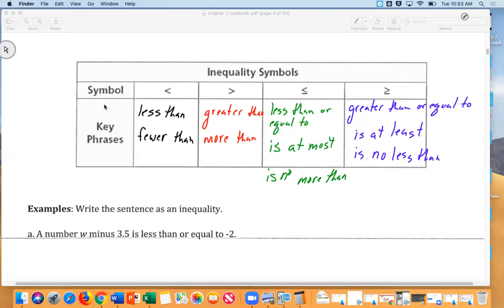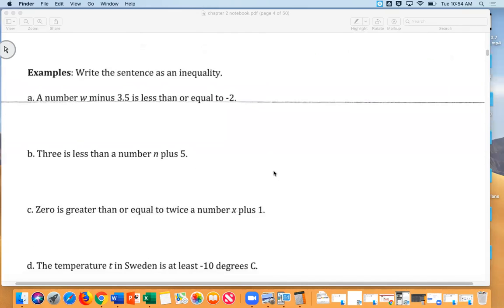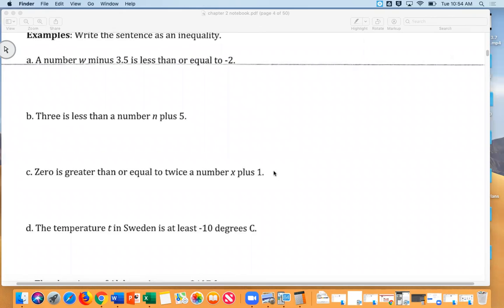All right. Now that we have them written down, we're going to go through and make actual problems from these verbal sentences. So first one, a number W. The way I like to do this is to read it, and then you're going to come across something talking about the next two pieces.